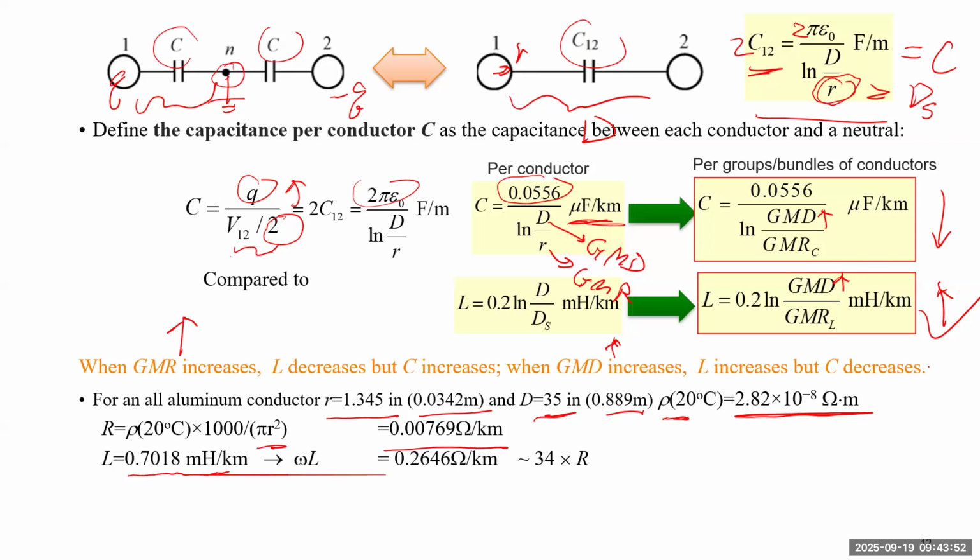If you assume you operate the system at 60 hertz, omega will be 377 radians per second. Multiply by this L, and that translates to the reactance, which is 0.26 ohm per kilometer. So the inductance generates a reactance which is more than 30 times the resistance.